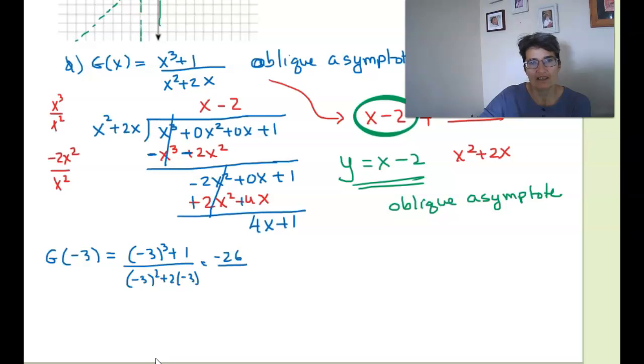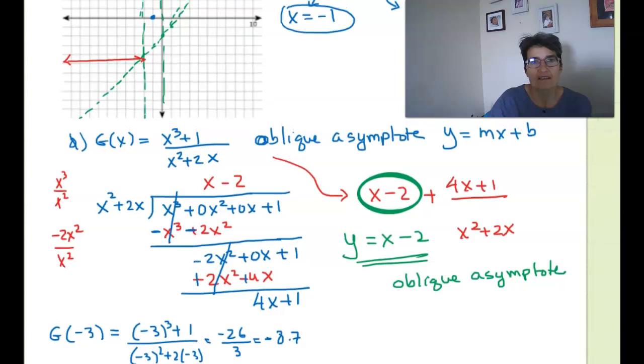This is -26 over 3, which is approximately -8.7. So here, x is -3, we get -8.7. 1, 2, 3, 4, 5, 6, 7, 8, 9. There we go. Alright. Now let's plug in another point. Maybe let's do, I don't know, -5 or -6.